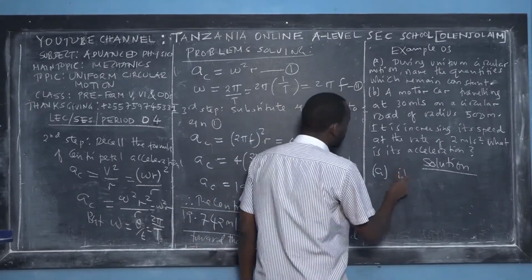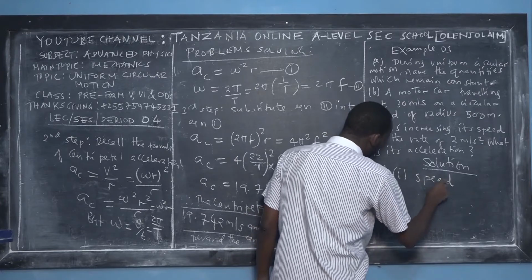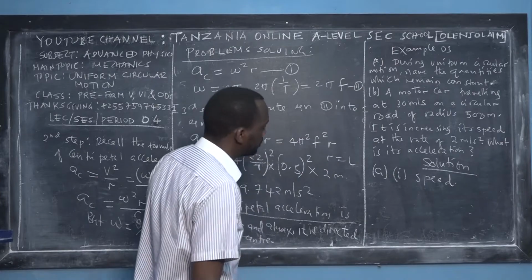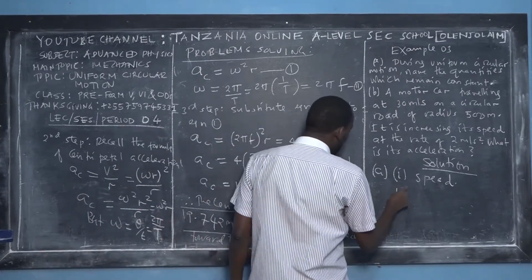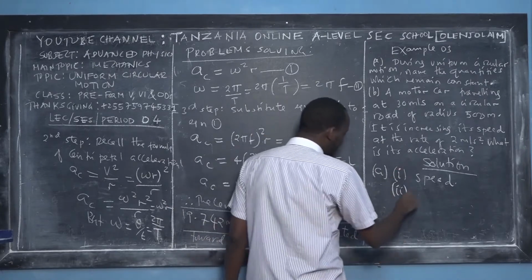So the first physical quantity which remains constant is what? The speed of the body, not velocity. Velocity will be changing. And then the second quantity is kinetic energy.